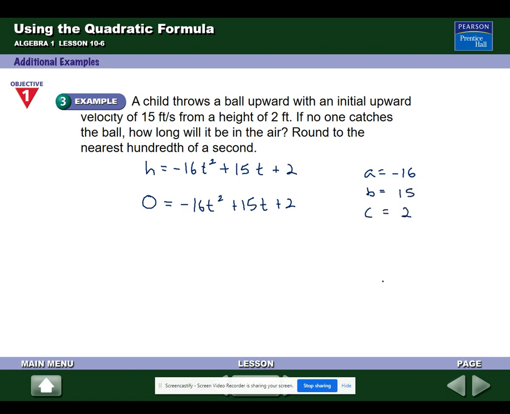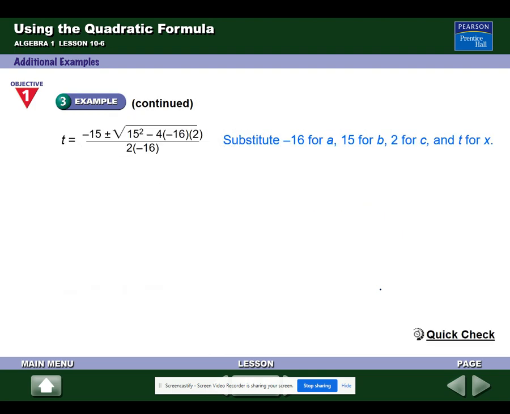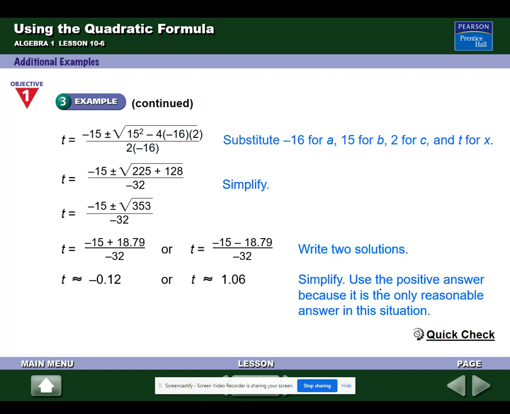Let's just roll to their answer here, save a little bit of time. Quadratic formula, plugging in all those pieces of information for a, b, and c, solving. And they get two solutions, -0.12 and +1.06.